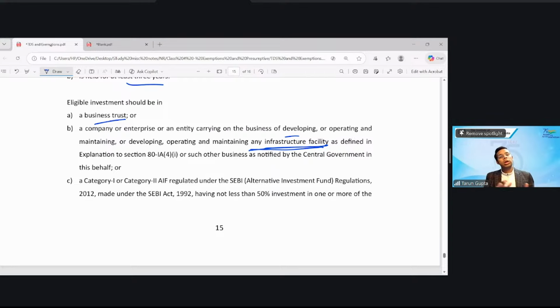So you give a loan to a company engaged in infrastructure facilities, either developing or maintaining. You purchase shares of a company actually doing infrastructure facilities in India. You purchase units of a mutual fund investing in these types of companies. Okay.